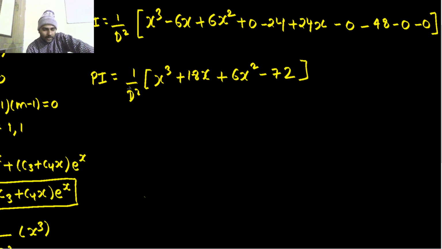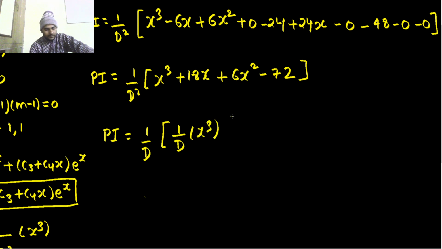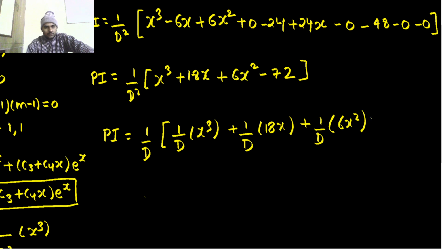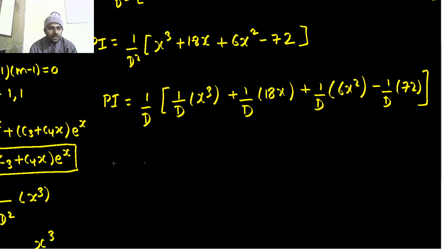Now you have 1 upon D square, so I can write this as 1 upon D and again 1 upon D, taking it inside. 1 upon D is the same as integration with respect to x.